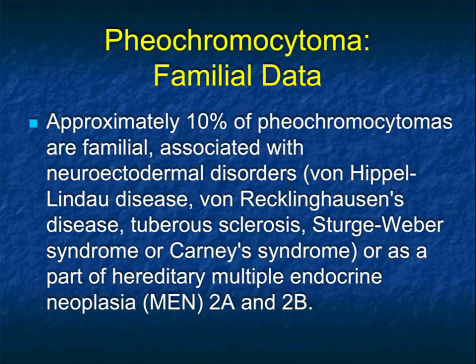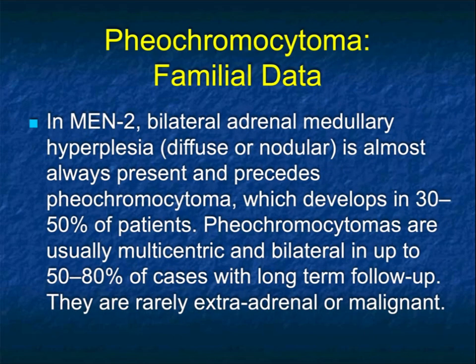Now, one of the things about Pheos we mentioned that 90% are sporadic, but 10% are familial. Von Hippel-Lindau, von Recklinghausen's disease, tuberous sclerosis, Sturge-Weber, and Carney syndrome are all possibilities, or the MEN syndromes, MEN2A and 2B.